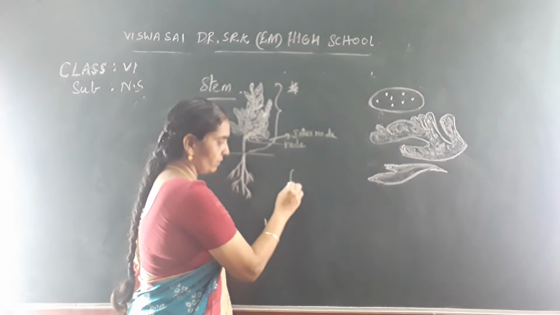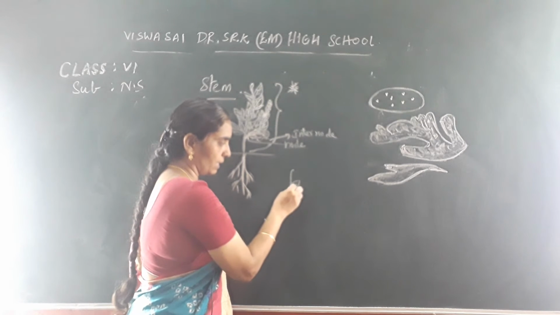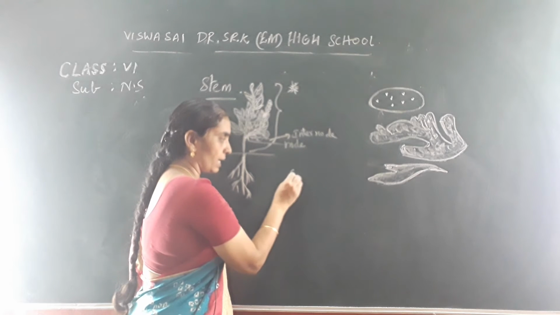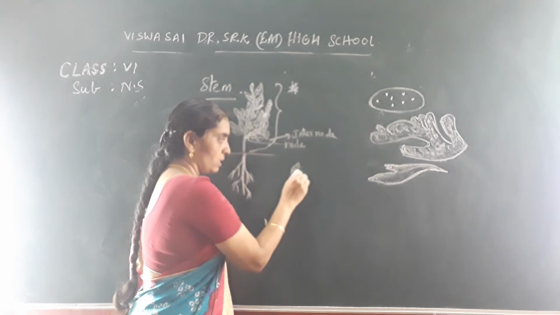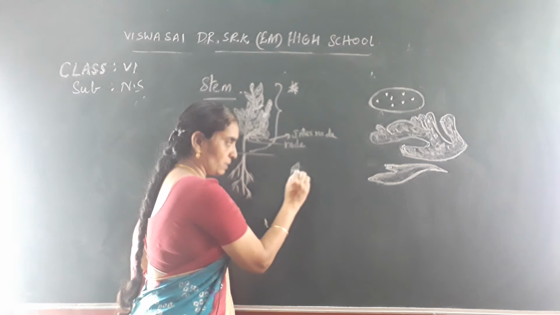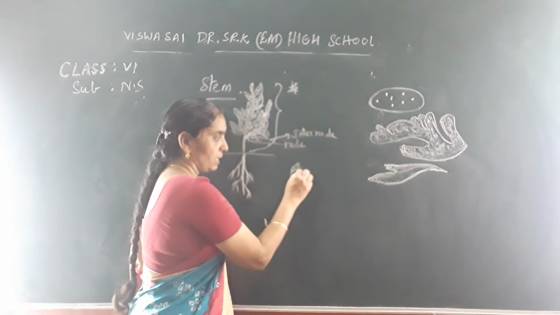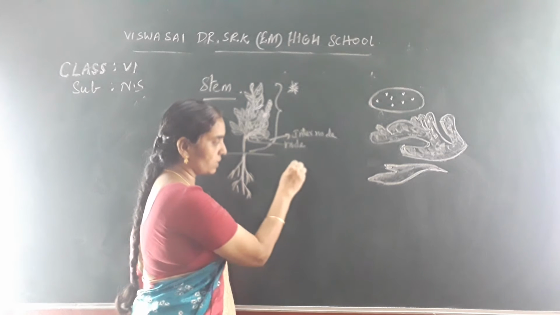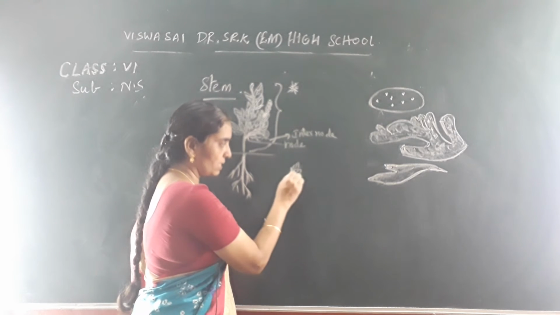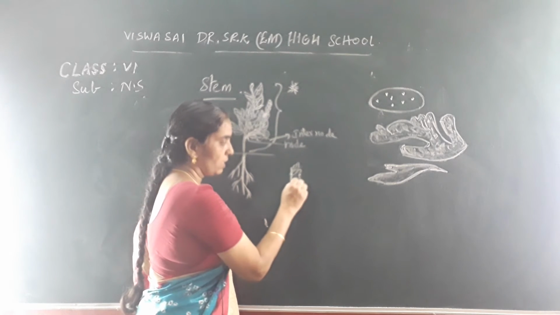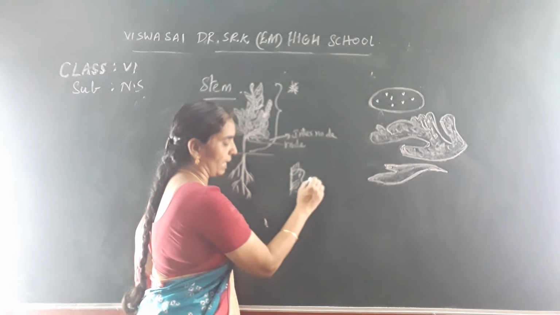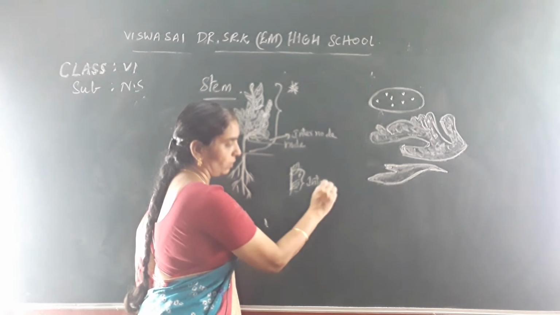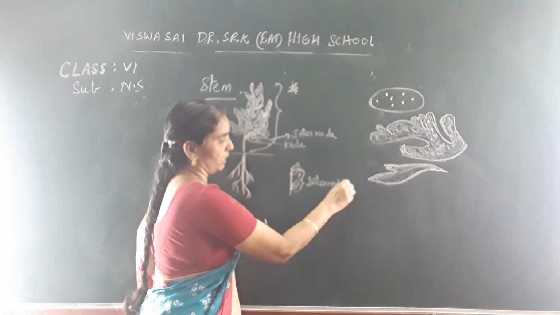Okay children, if this is the leaf that arises here and another leaf arises over here, the space between these two parts, this is one node and this is another node. So the part between these two successive nodes is called the internode. Hope you have understood this, children.